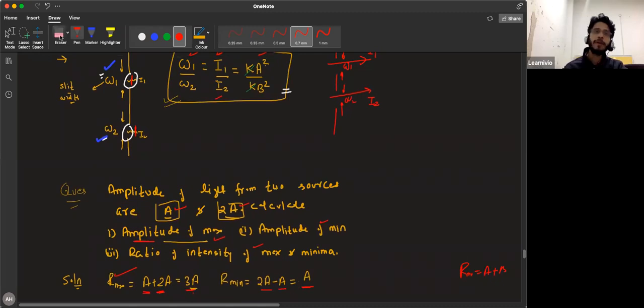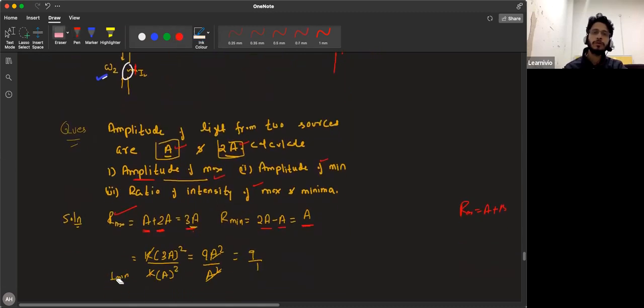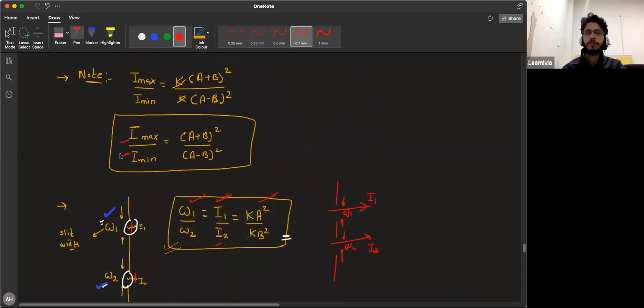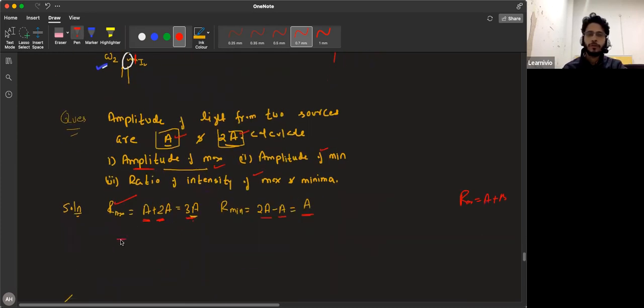In the third part, the ratio of I max and I minimum. If you check the previous calculation, this was I max by I minimum. It is (a plus b) square by (a minus b) square. So you can write I max as (a plus b) square, I minimum as (a minus b) square.